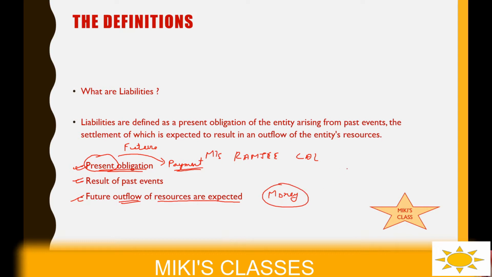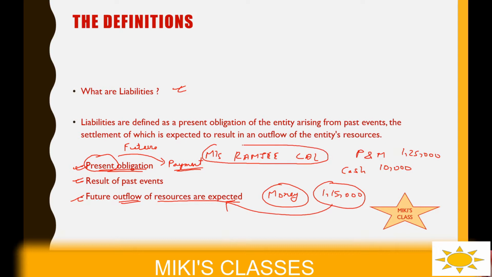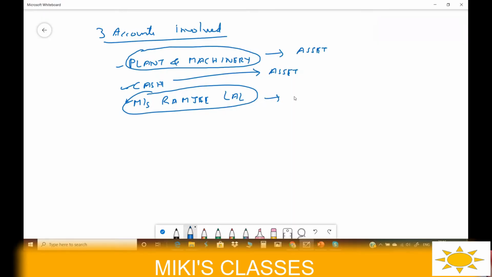So we have made a cash payment of 10,000, but the plant and machinery cost us 1,25,000. So this balance of 1,15,000 still has to be paid, and this is the expected outflow. Correct? So Ramji Lal fits the definition of a liability. So Ramji Lal is a liability.